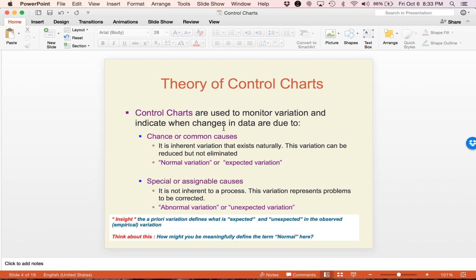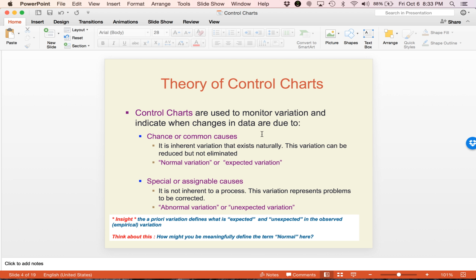A control chart is used to monitor the variation in that summary measure of a process. In other words, it is used to view the variation of the quality of that process.